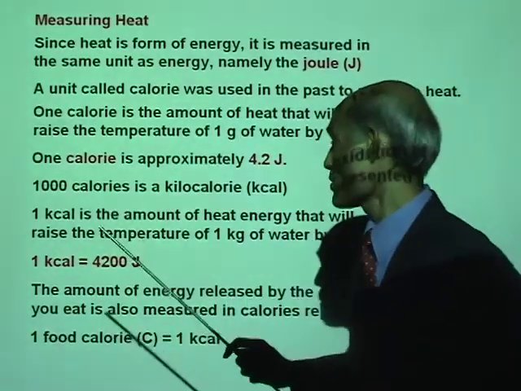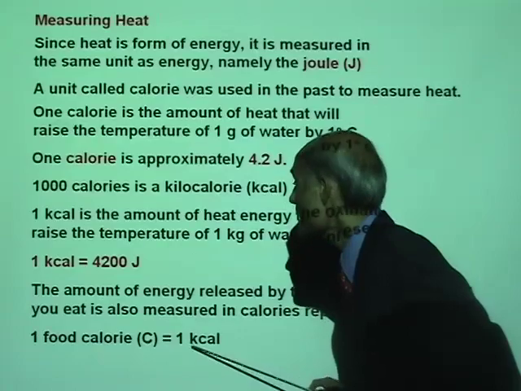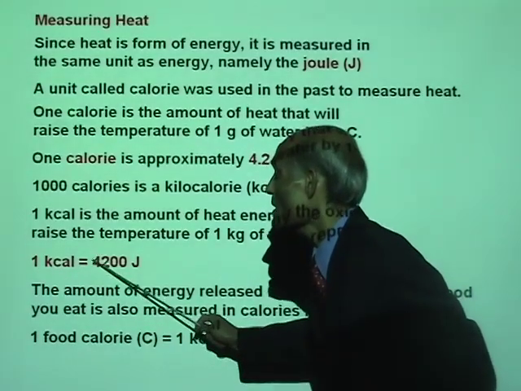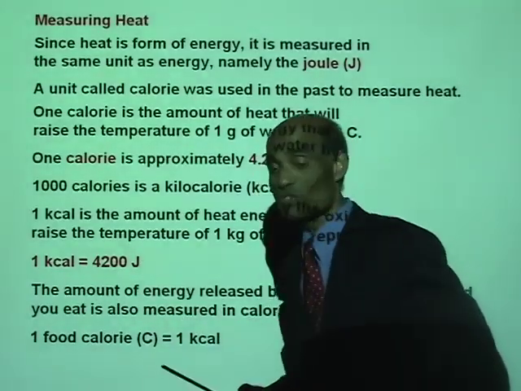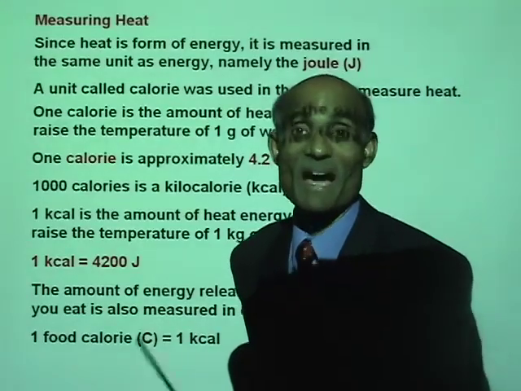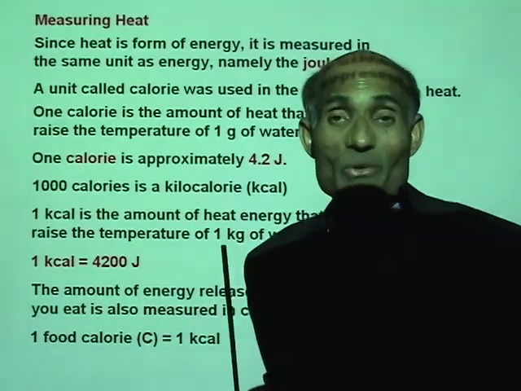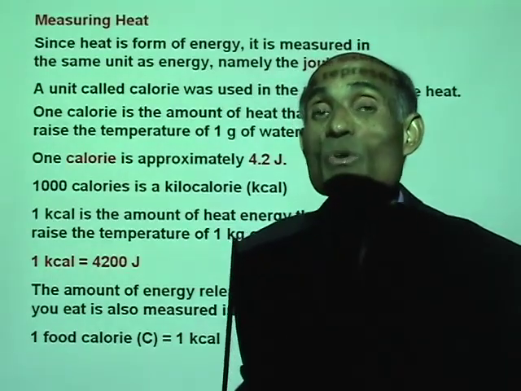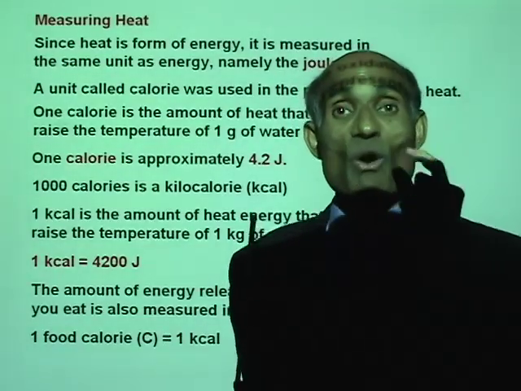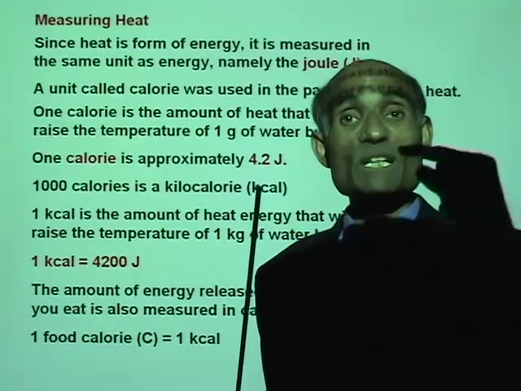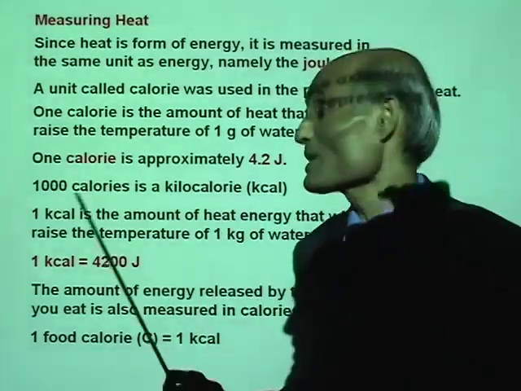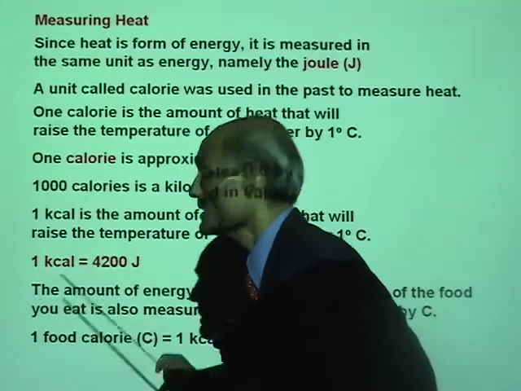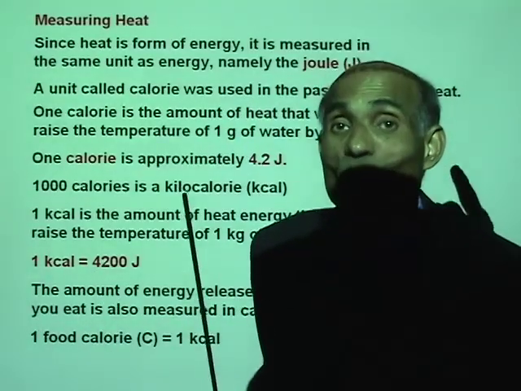That's right. So 1 food calorie is a kilocalorie, that is 4,200 joules. That means 1 food calorie is the amount of heat that will raise the temperature of 1 kilogram of water by 1 degree Celsius. That is a kilocalorie, and that is called a food calorie.